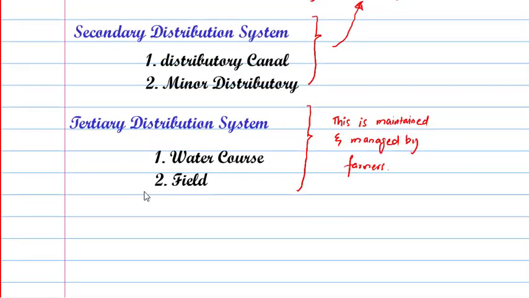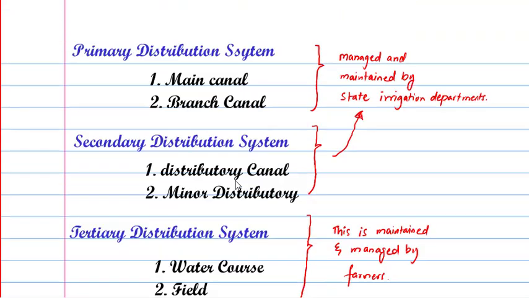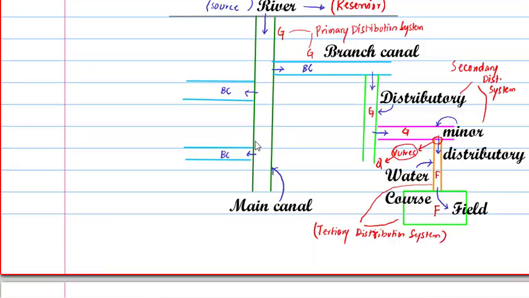Okay, so this was a bit of an introduction before starting our designing phase, and the first lecture for this new chapter ends here. In the next lecture, which is lecture 6, we will discuss the classification of canals. We have discussed canals, but how can these canals be classified?